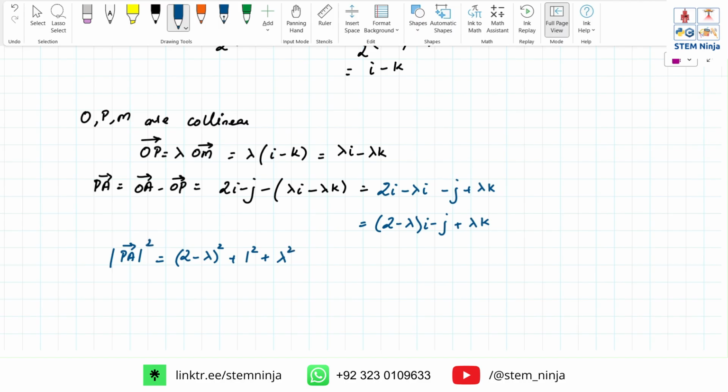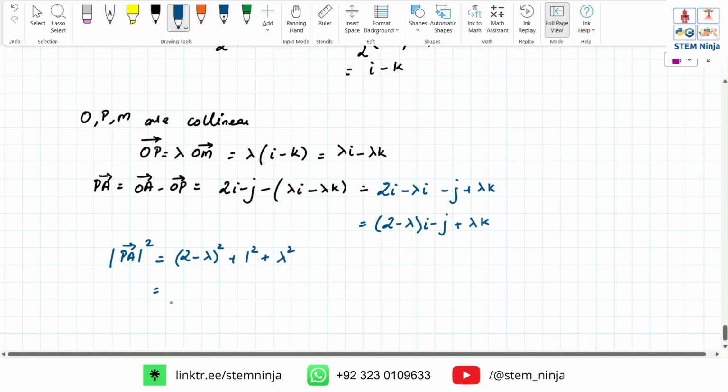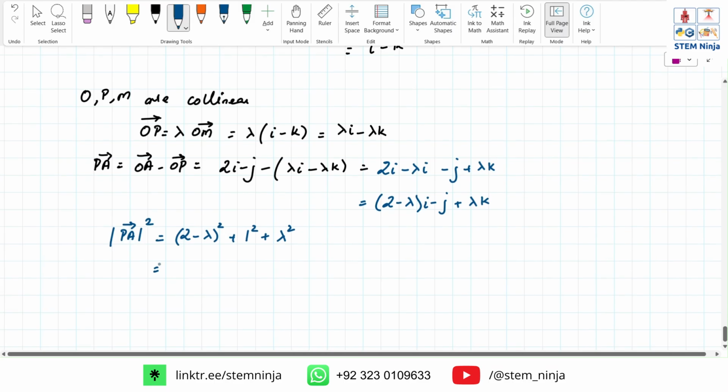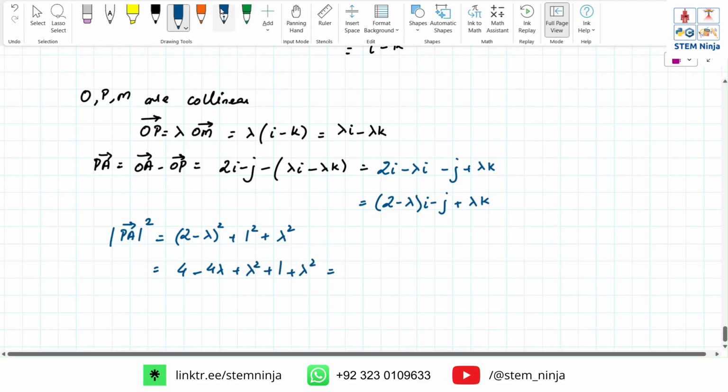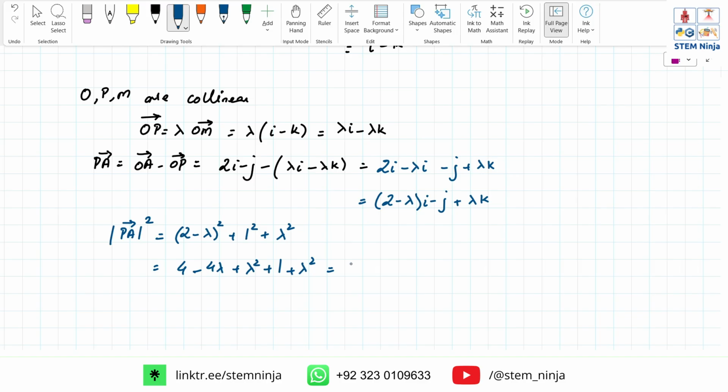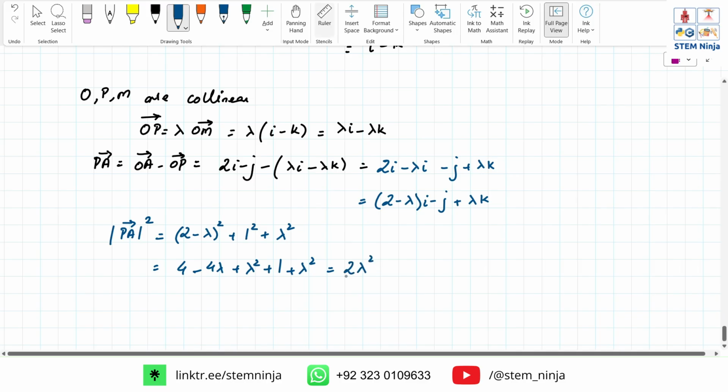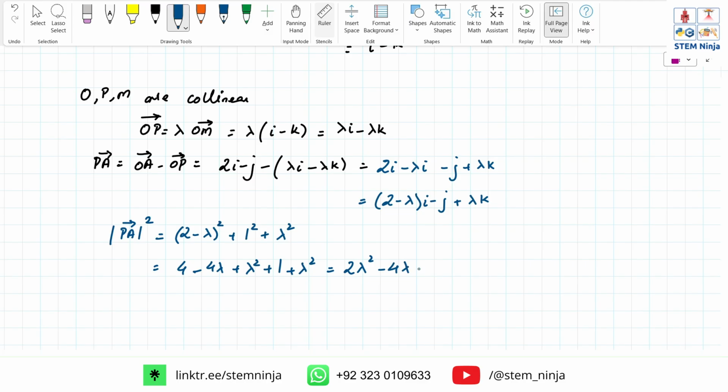First let's expand it. 2 minus lambda squared is 4 minus 4 lambda plus lambda squared, plus 1 plus lambda squared. As you can see, this becomes a quadratic: 2 lambda squared minus 4 lambda plus 5.